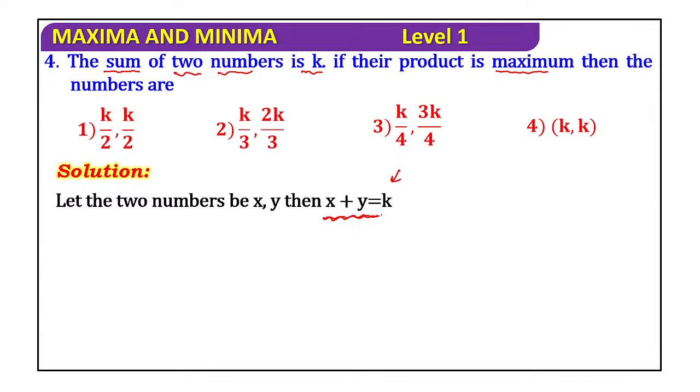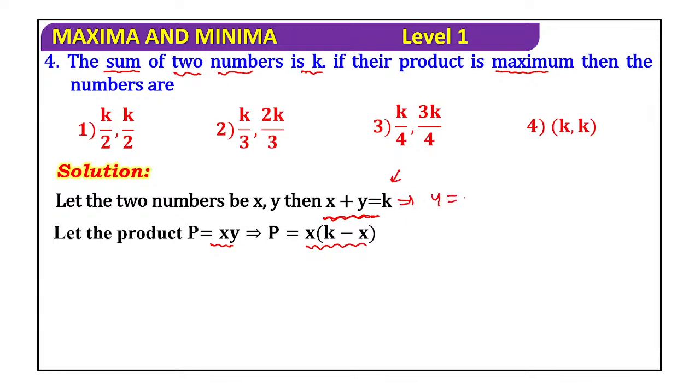Next, let the product p be equal to x into y. So p will be equal to x into k minus x, since I can simplify this as y equal to k minus x.